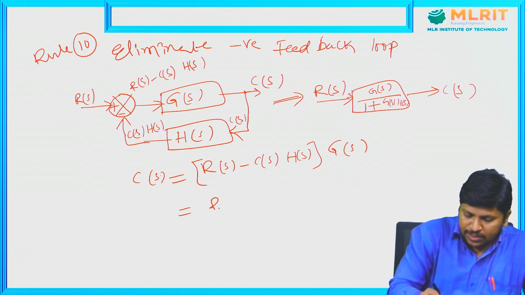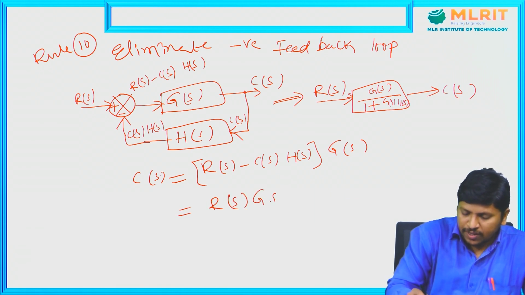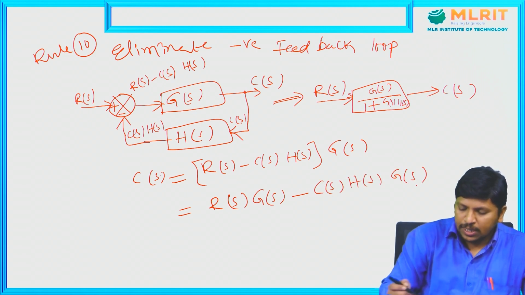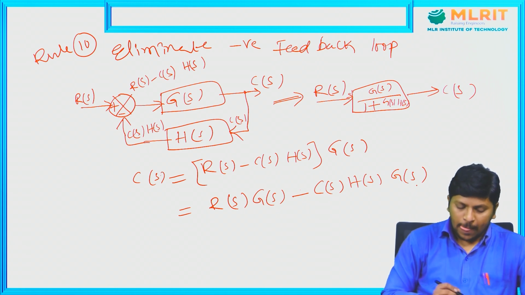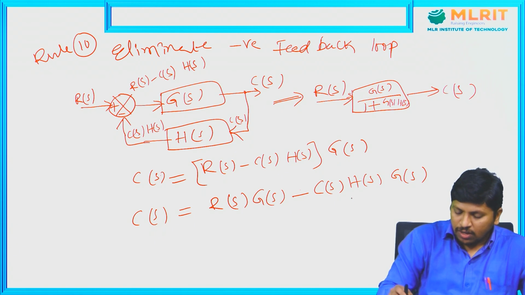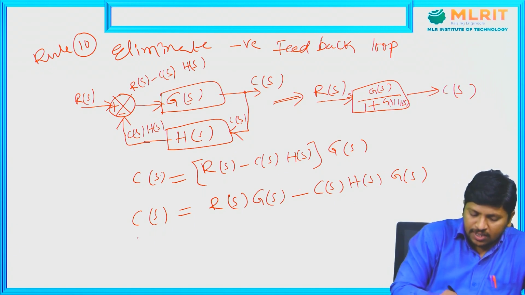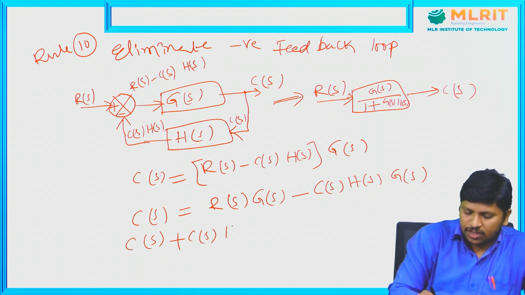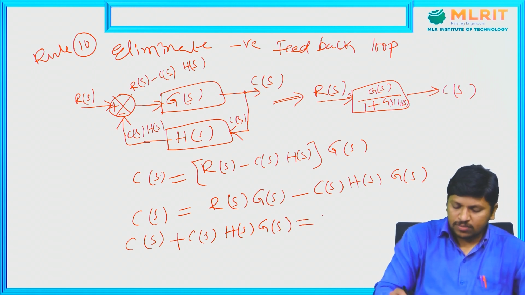I am going to split this: R of S into G of S minus C of S into H of S into G of S, right? Here C of S is there. Now this C of S term is moving to the left side: C of S plus C of S into H of S into G of S equals R of S into G of S, right?